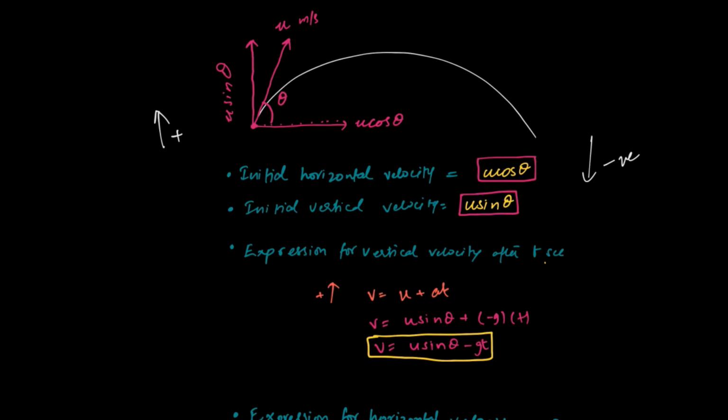So minus g would be because of gravity being directed downwards, times the time taken. So the final velocity in the vertical plane would be u sine theta minus the gravitational acceleration times the time taken.